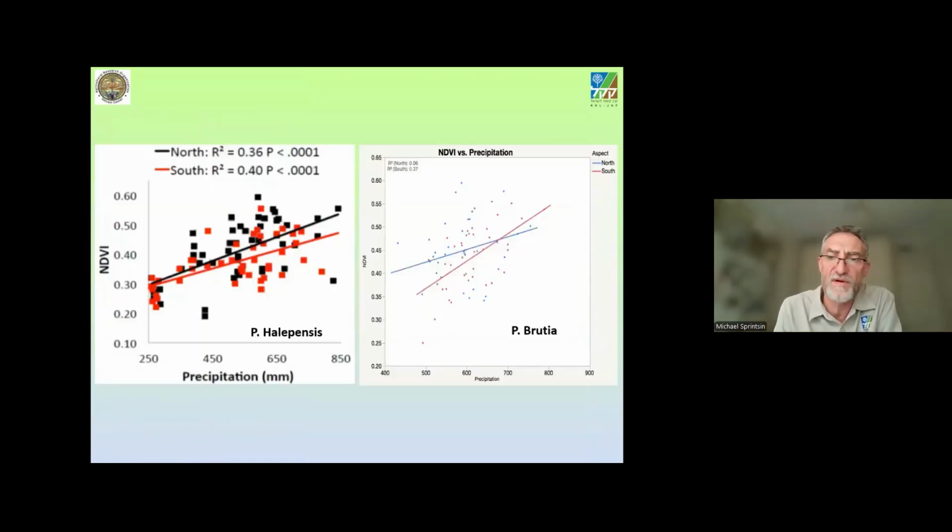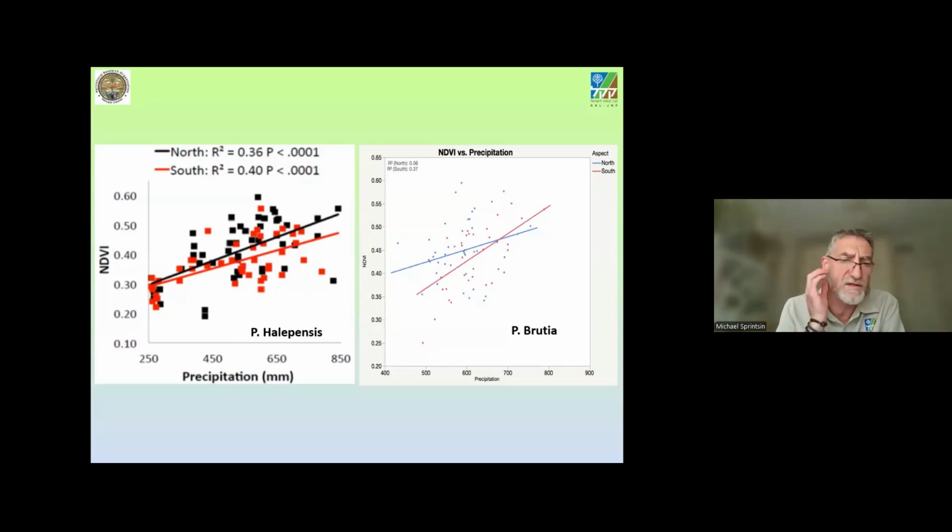These are some results. We analyzed the imagery from 1994 until now for 2 species over these mature sites, Pinus halepensis and Pinus brutia.